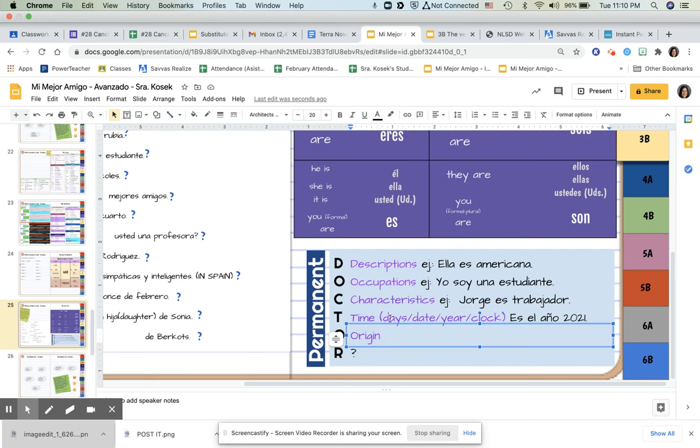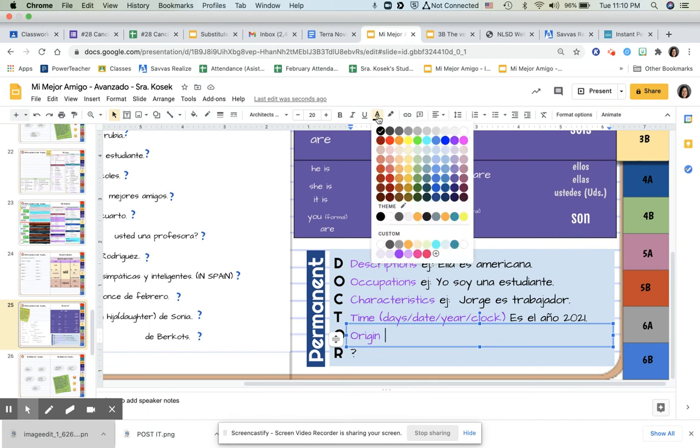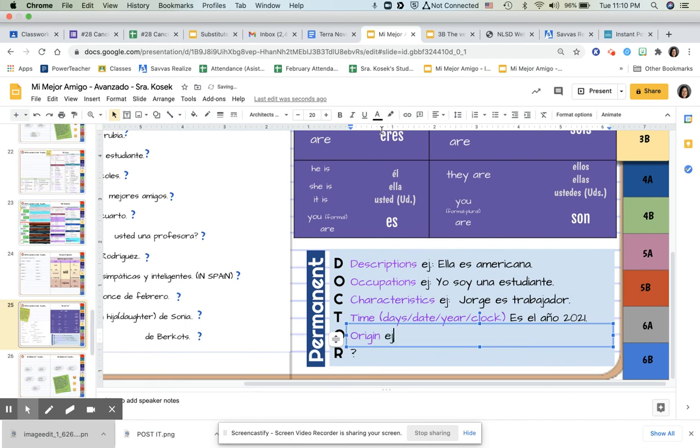Most likely, though, you're going to be using it in origin of where someone is from. We learned that last year in chapter 1, to say that I am from America. I am from the United States. I am from Illinois. So let's go simple and say I am from Illinois. I can write a handful for this one. Probably could have done it above, but I was afraid I didn't have enough room.